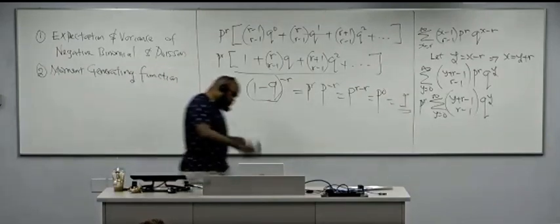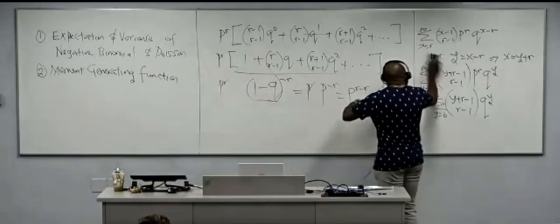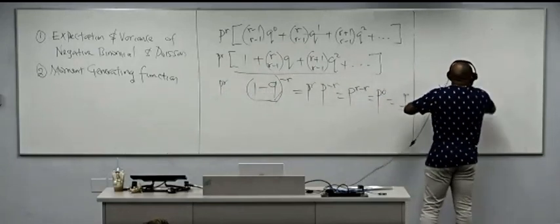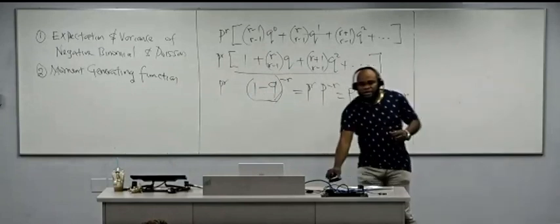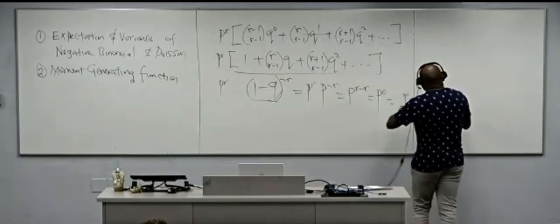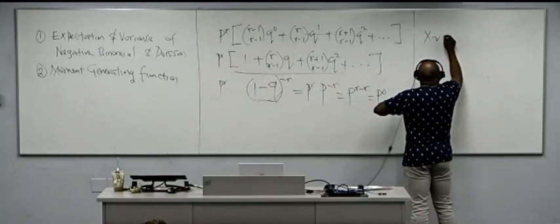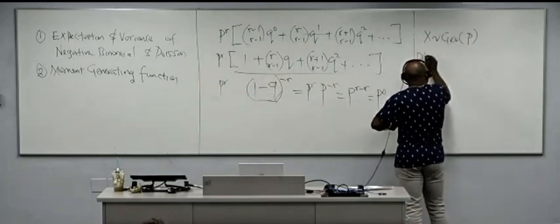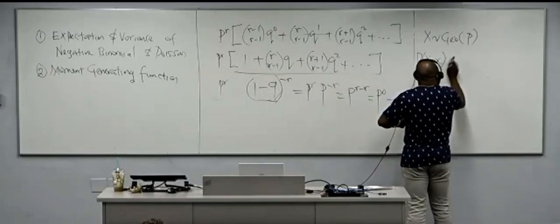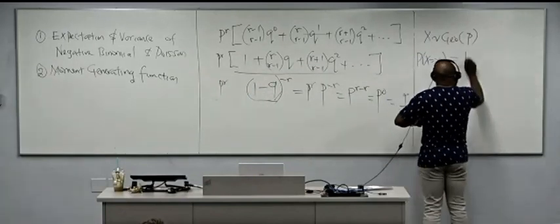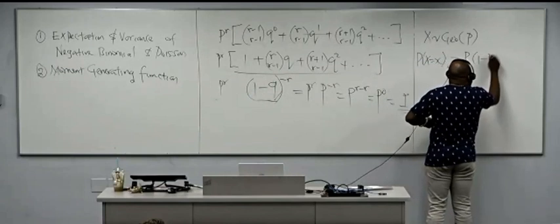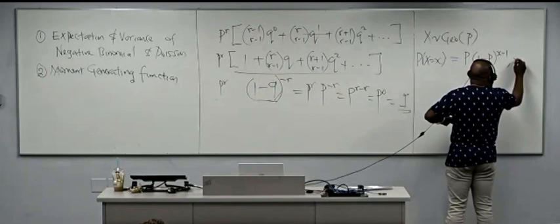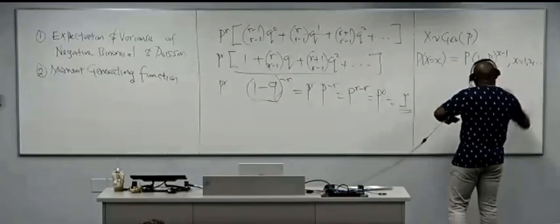So what I want to do now, let's say I actually want to obtain the mean of negative binomial, because yesterday I already obtained, when you have a geometric, the probability of x is p times 1 minus p raised to power x minus 1, and let's start from 1 all the way.